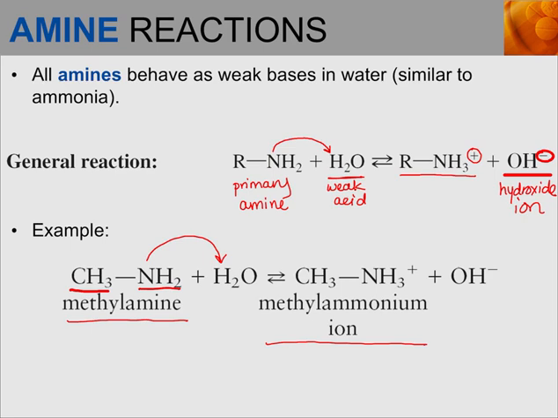So when we add that extra hydrogen to nitrogen, it becomes positively charged. And then again, we're left with that hydroxide ion as a byproduct. In actuality, those two charged ions would team up together, but you get the idea.